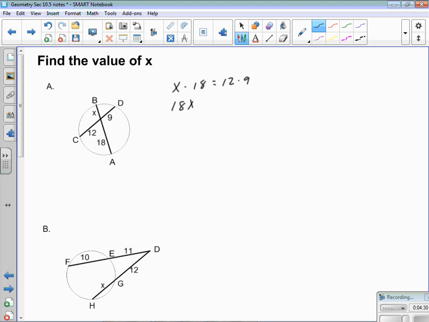That'll give us 18x equals 108. If we divide by the 18 to solve for x, our x value will be 6 there.